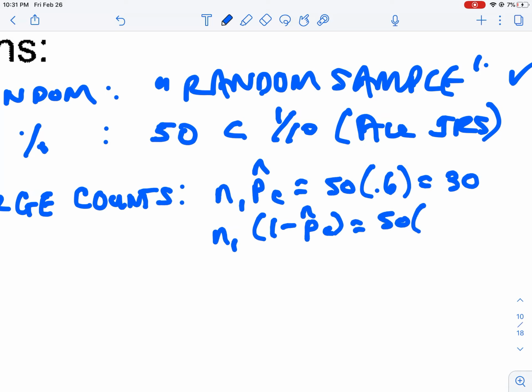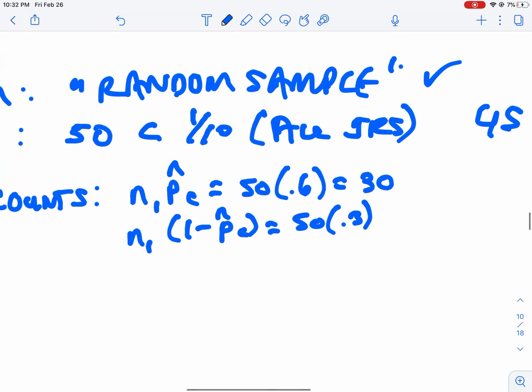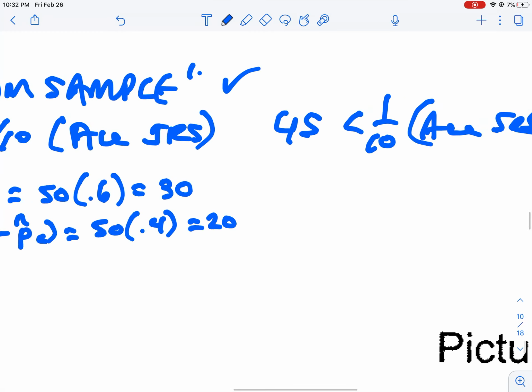So that'd be 50 times 0.4, which gives us 20. In both of these cases, those are greater than 10 and greater than 10. So they both check out.